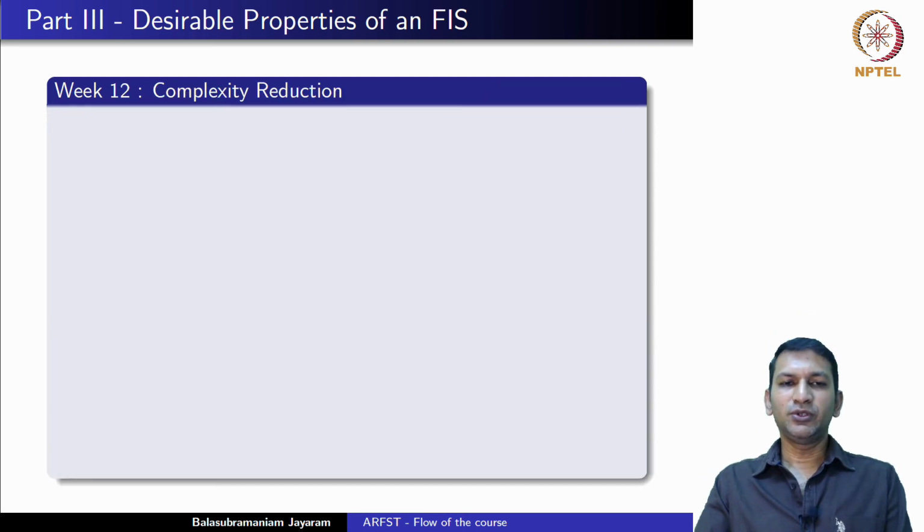In week 12 of this course, the last week of this course, we will discuss an interesting offshoot of what we would have seen till now. Till then, when we talked about the properties of continuity or robustness, we are essentially discussing a theoretical property dealing with efficacy or accuracy, a property that we expect the fuzzy inference mechanism to have.